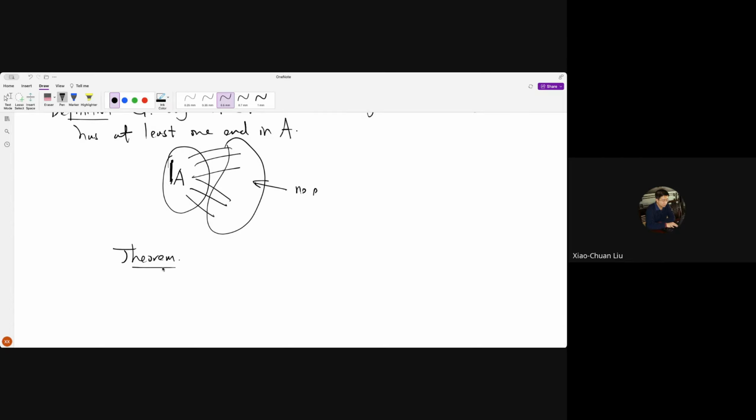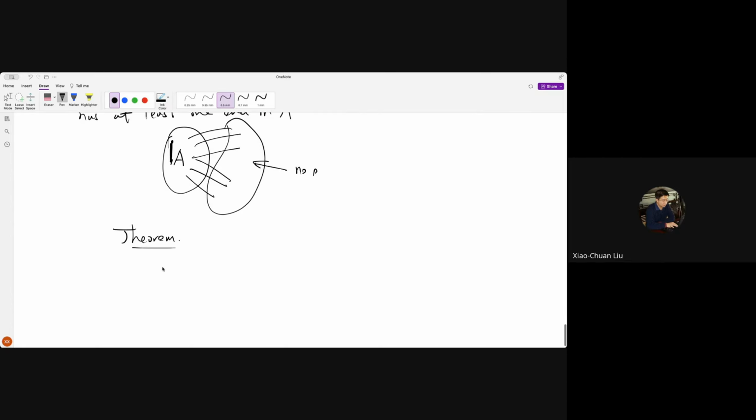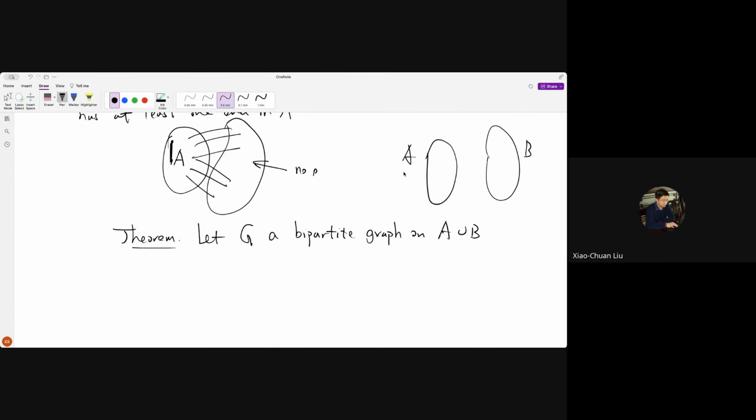I want to maybe send a video to you guys. So let me work with G a bipartite graph on two parts, A and B. So you have this A, this B. G is a bipartite graph.